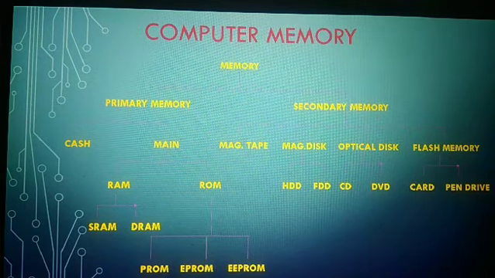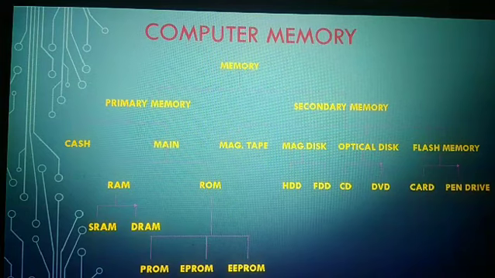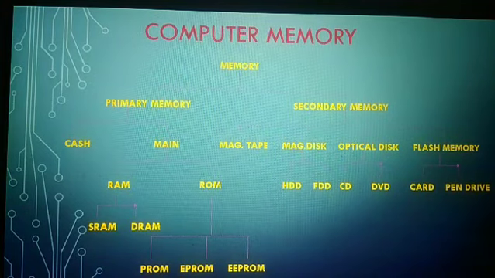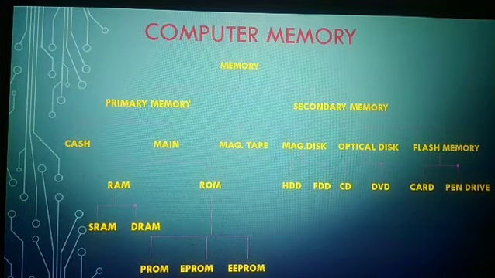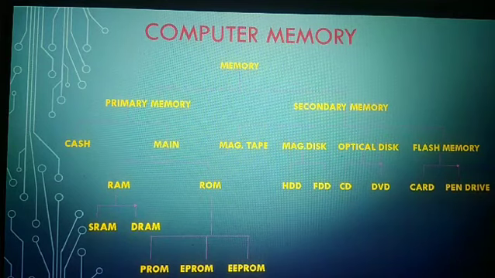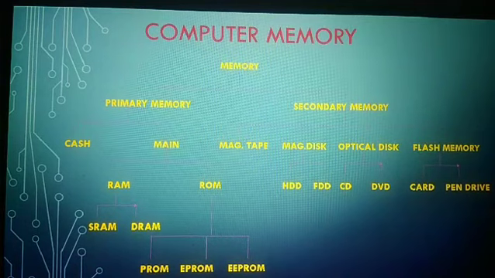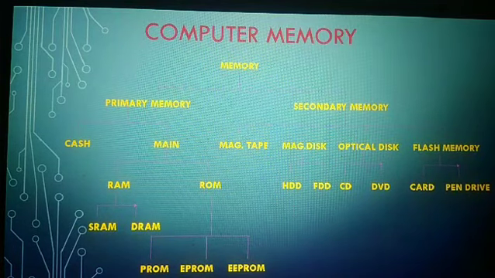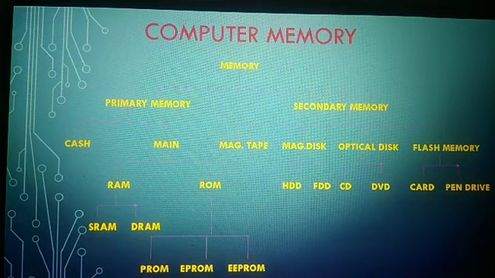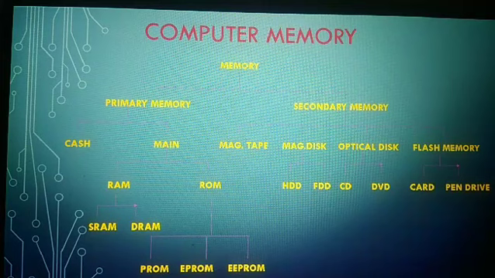They come in different sizes, such as 1 GB, 2 GB, 16 GB, 32 GB, 64 GB, etc. Nowadays, flash memory is a popular storage device because it is faster and more reliable than other devices.